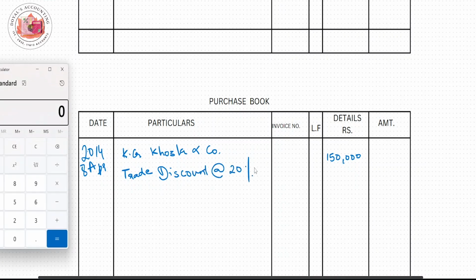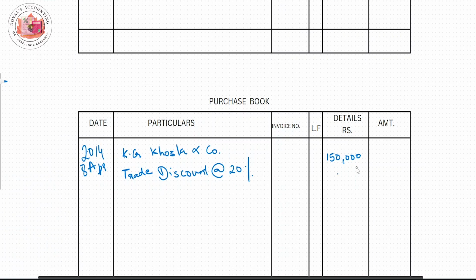What's 20% of 1,50,000? 30,000. So we're getting a trade discount of 30,000.